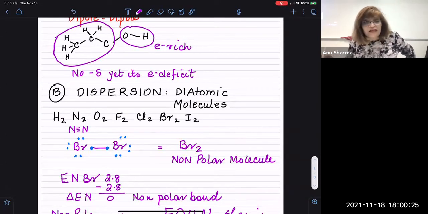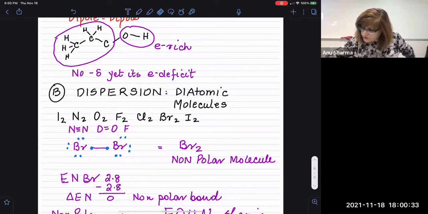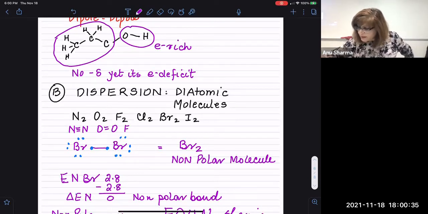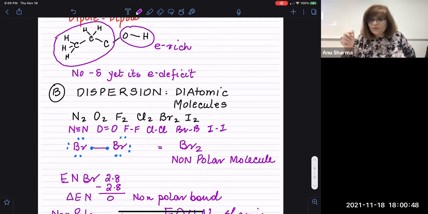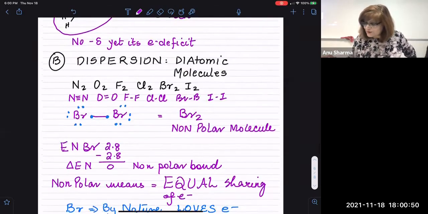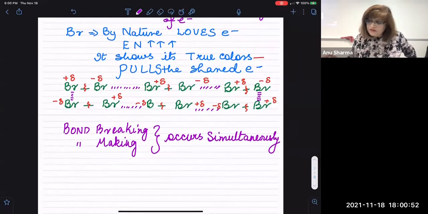Even that breaks. Even with the triple bond, it breaks. Oxygen, oxygen, double bond breaks. And then fluorine and, actually, it may not happen in hydrogen. I'm not sure about hydrogen, but fluorine and fluorine, because of their electronegative nature, this happens. So, it's very interesting. We are breathing in oxygen, but the bond breaking and making is happening in oxygen all the time. Okay, so this is dispersion.